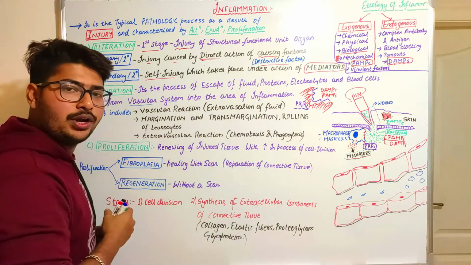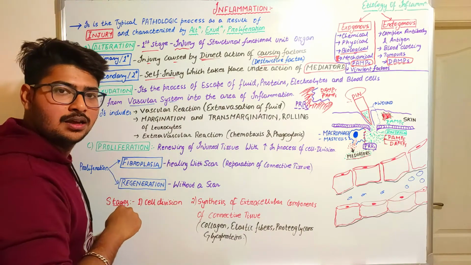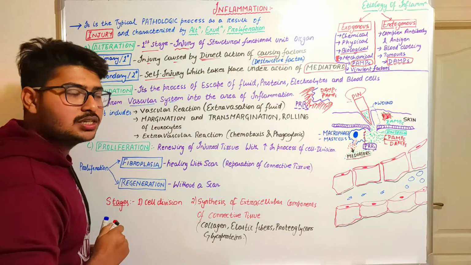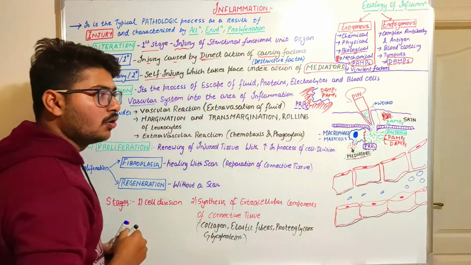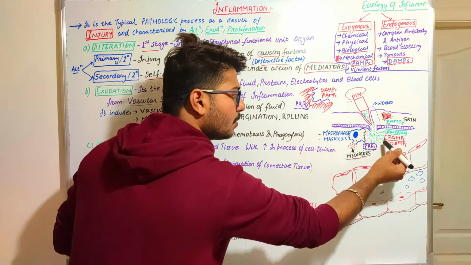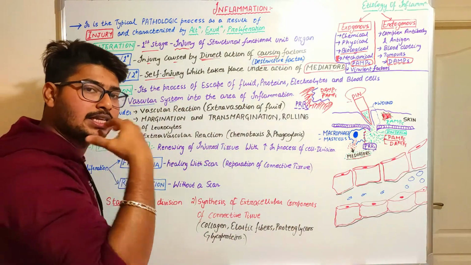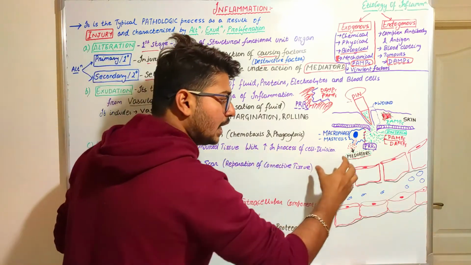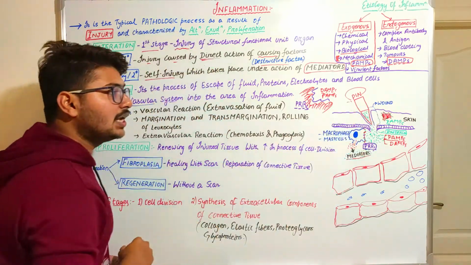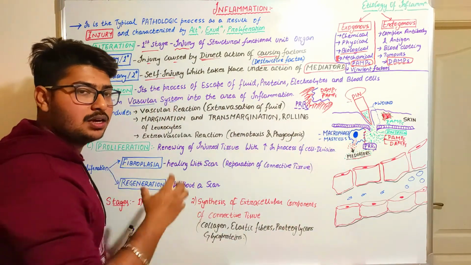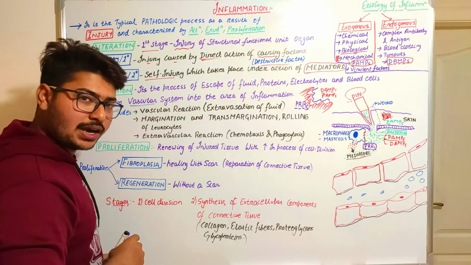So why are they going to attract these cells? Because they need to repair the condition of the tissue. They need to phagocytose the bacteria. So they need extracellular mechanisms through which they can totally repair the injury made by the etiological factors.